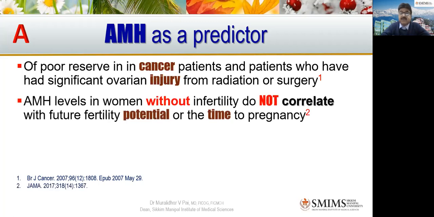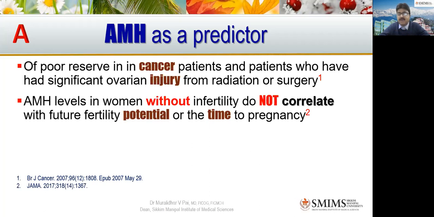AMH levels in women without infertility do not correlate with future fertility potential or the time to pregnancy. Suppose, let's say, she's not a case of infertility. She's normal in the sense, I should not use the word normal. She is, let's say, a person who doesn't have any infertility issues.